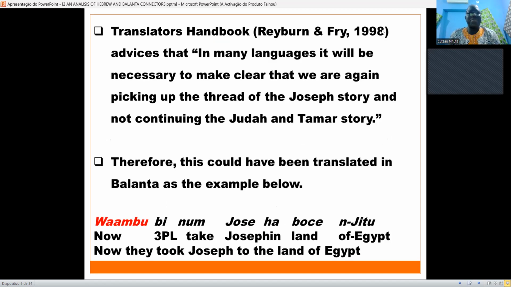The Translator's Handbook advised that in many languages, it will be necessary to make clear that we are again picking up the thread of the Joseph story and not continuing the Judah and Tamar story. Therefore, this could have been translated in Balanta as the example below. Wambu bunumzuze abochingi zitu. Now, they took Joseph to the land of Egypt.